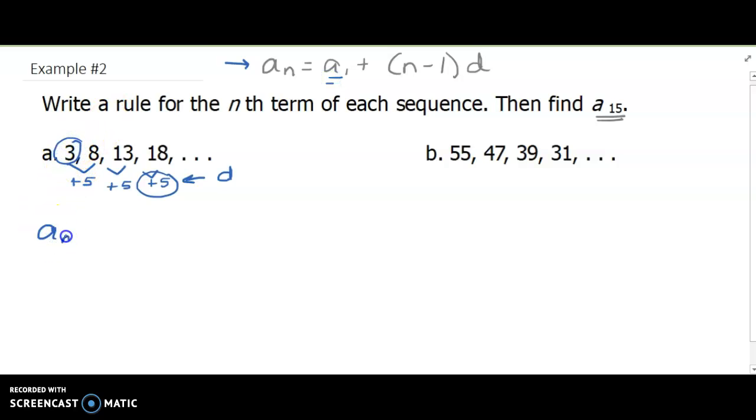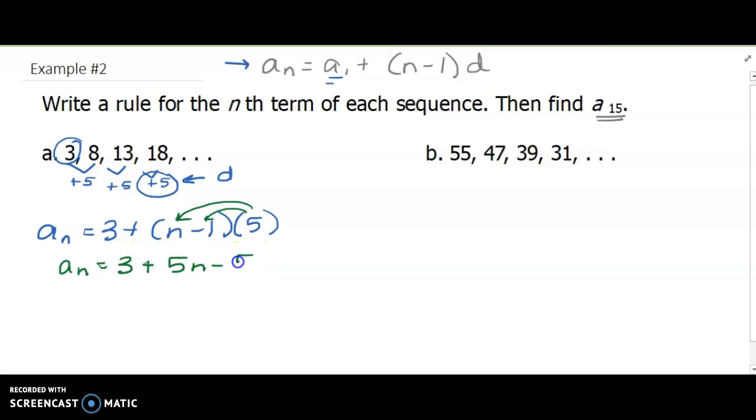So I can say a sub n equals my a1, which is 3, plus n minus 1 times my common difference, which is 5. Now I want to clean this up a little bit, so I'm going to distribute this 5 through. So a sub n equals 3 plus 5n minus 5, and if I clean it up a little more, a sub n equals 5n minus 2.